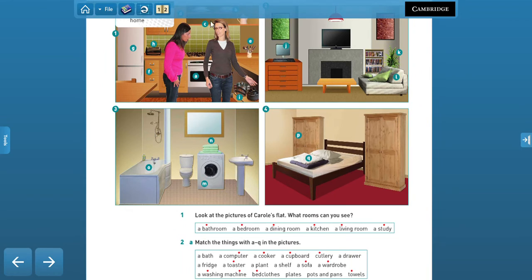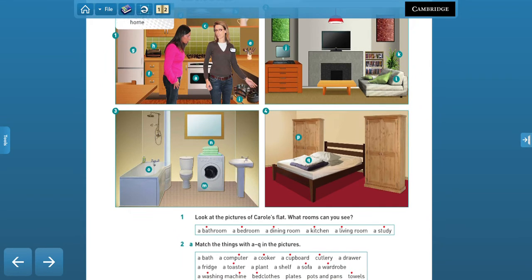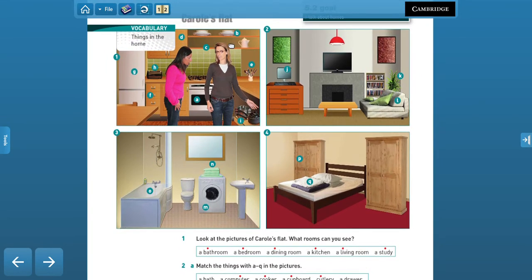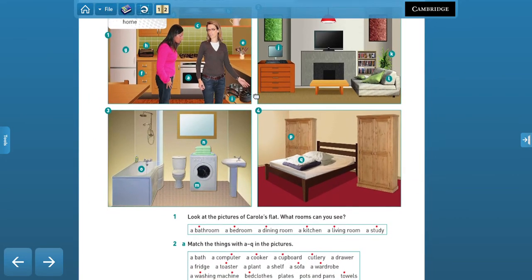There we have it. So there we have D and B. So you can have a look at that. Now pause the video and try to match the objects with the names.